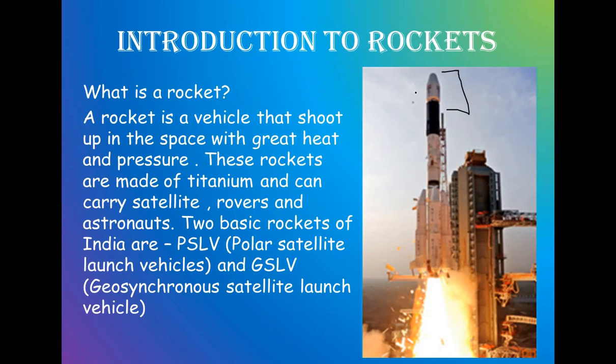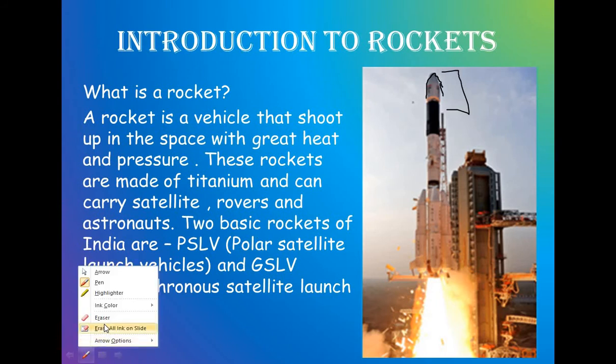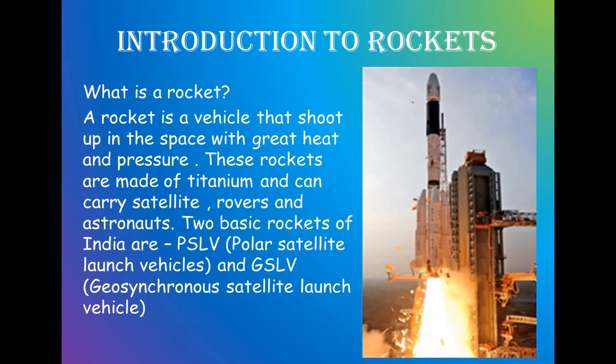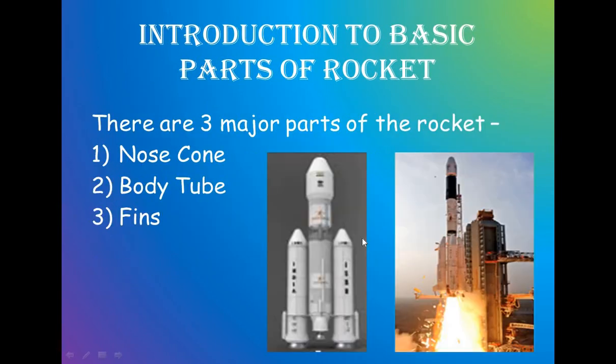Have you ever wondered why? I know that most of you know this answer, but some of you don't, so I will be telling it: many of you don't know why this nose cone is in a bullet shape. So let's discuss it.